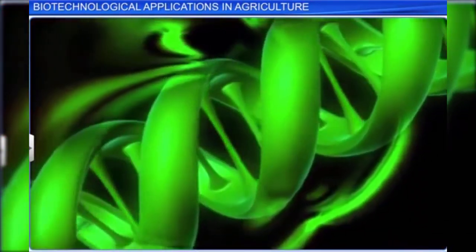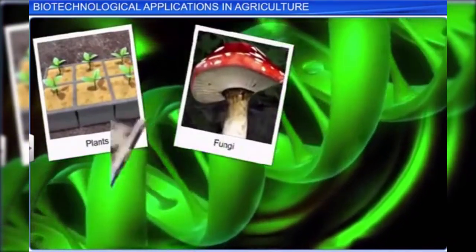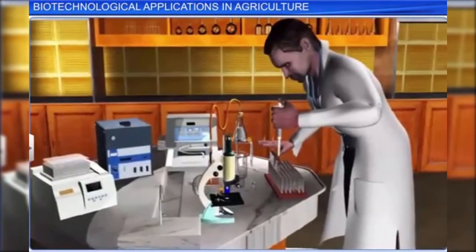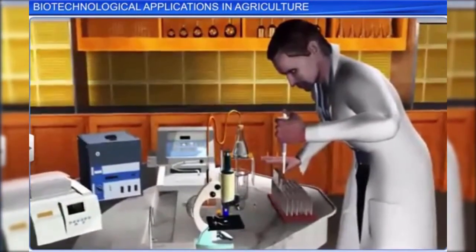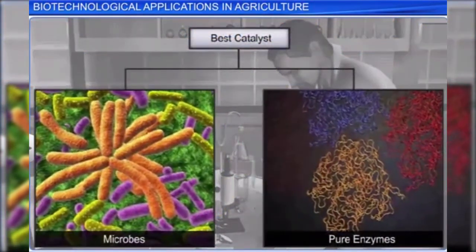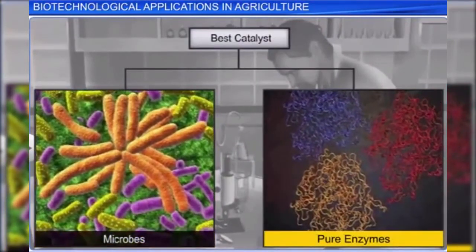It uses genetically modified plants, fungi, and animals to produce biopharmaceuticals. Biotechnology operates in three critical areas of research. First, it provides the best catalyst in the form of improved organisms such as microbes and pure enzymes.